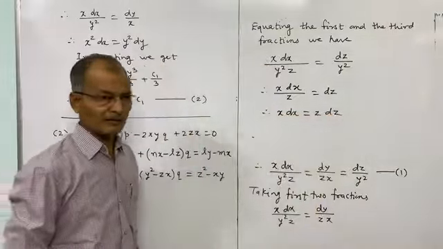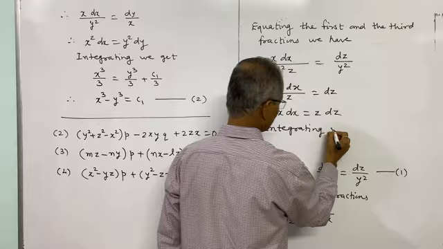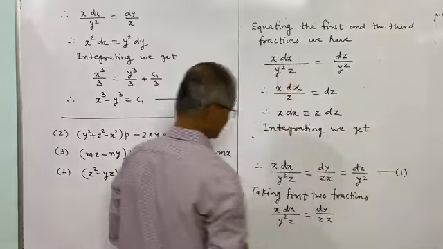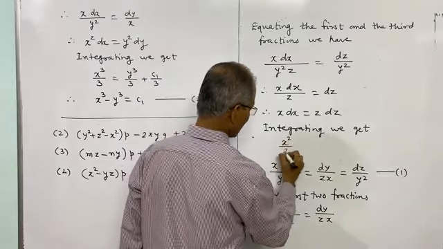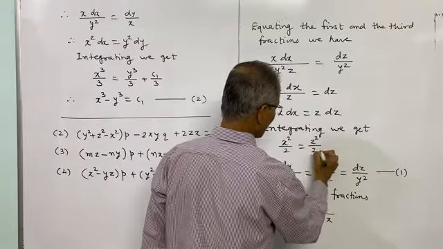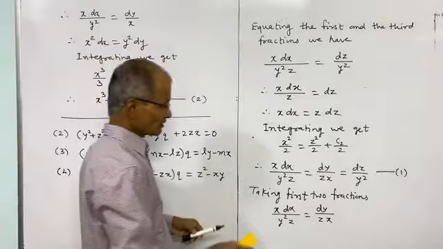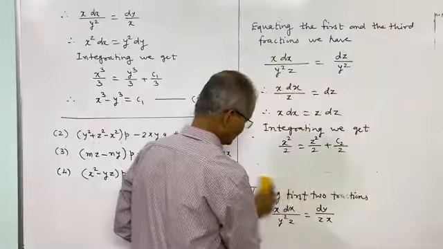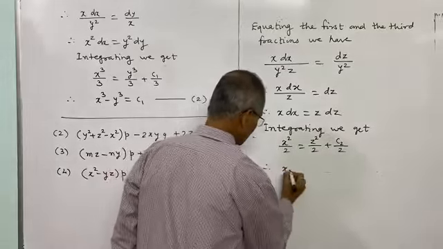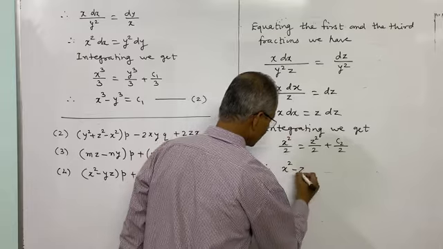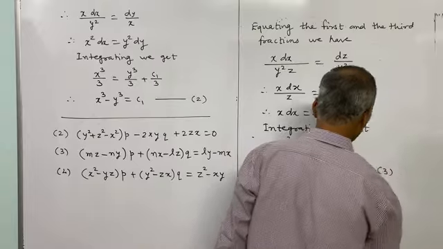It is in separate variables, integrating we get. Now what is the integration of this? It is x square by 2 and on the right side z square by 2 plus a constant. Now the constant we write as c2 divided by 2, and thus that gives x square, we shift this z square to the left side, minus z square is equal to c2, and we suppose this as the third equation.